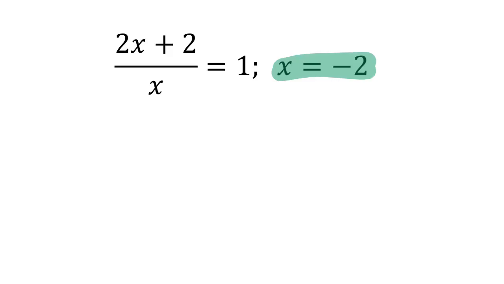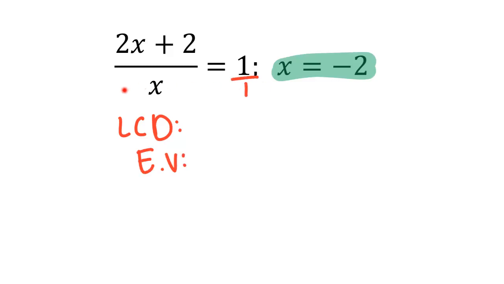You could plug it in, but what type of equation is this? Notice I have a denominator with an x. Because I have a denominator with the x, this is the one you check the LCD and the excluded values.